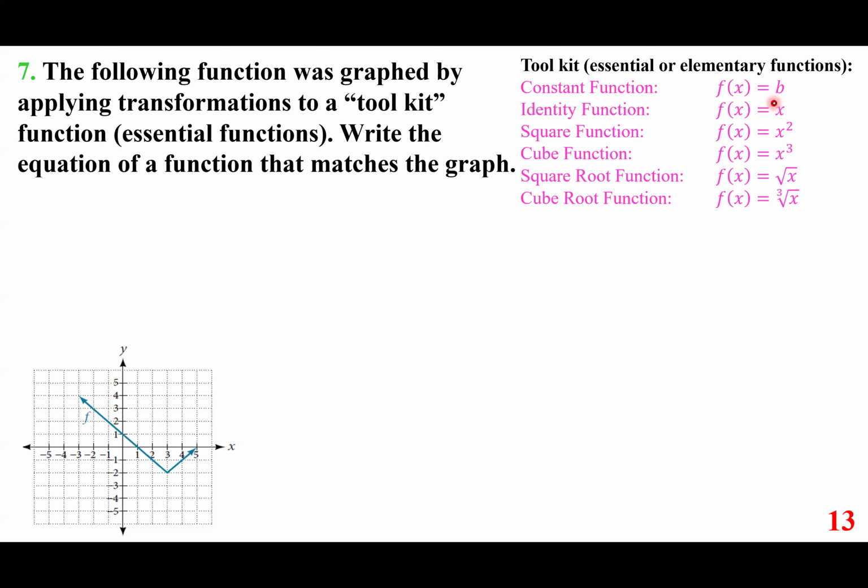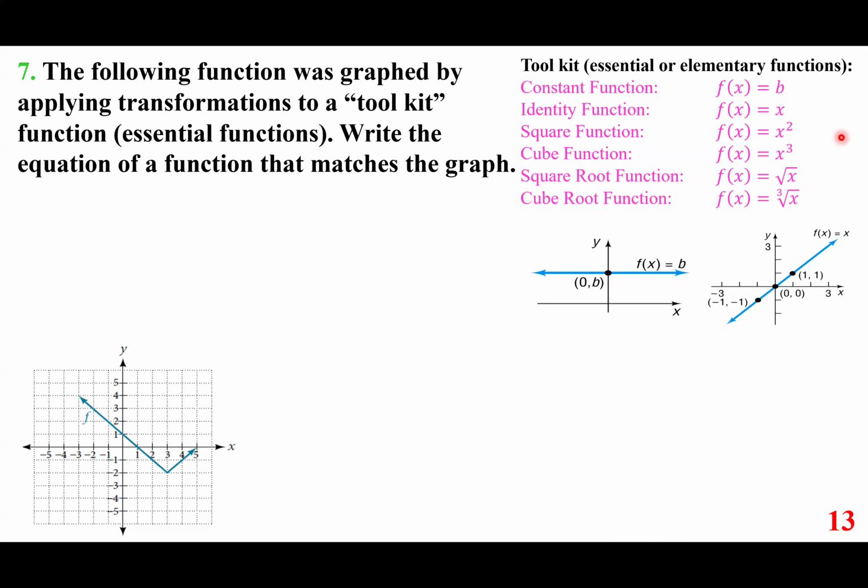For example, the constant function y or f of x equals b is a horizontal line with the y coordinate of b. We should know the graph. The identity function f of x equals x, or y equals x, is a line through the origin.